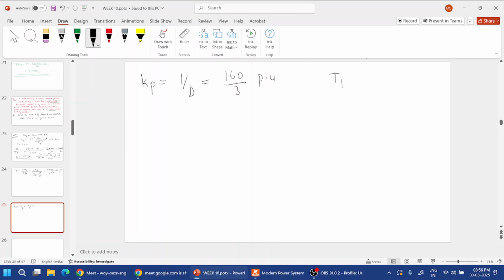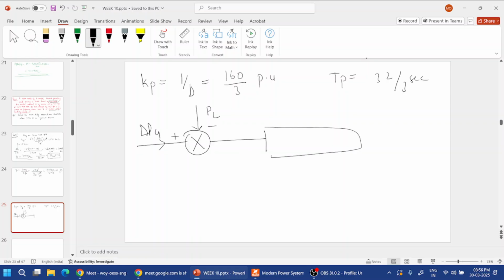We calculated Tp, 32 by 3 seconds. Now we know this block diagram: PL, or here PD. This is PG, this is minus, this is plus, and it is multiplied by a block Kp upon 1 plus sTp, and this is del F. We already know how we calculate it. Notations may be different, but that's not a problem.